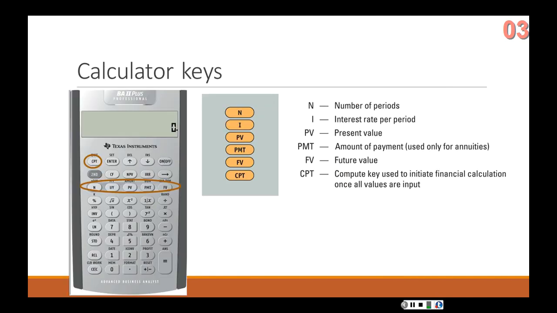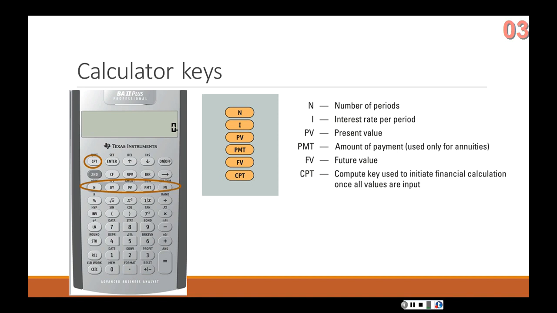Before we can get started working any problems, I want to introduce you to your calculator a little bit. If you have the BA2 Plus, these are the buttons that you're going to be using primarily. So it's the third row, the N, the I/Y, the PV, the payment, and the future value. N is the number of periods.